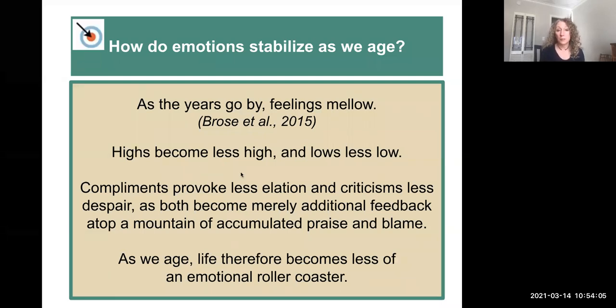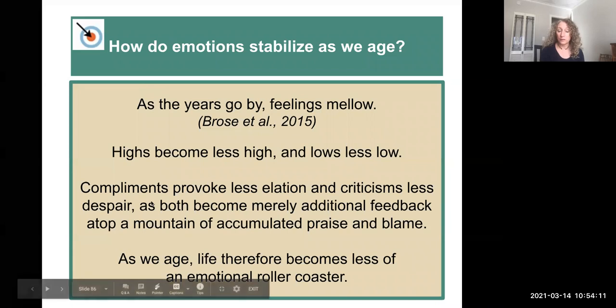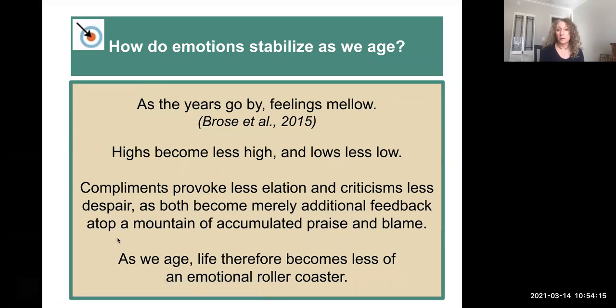So it says highs become less high and lows less low. Compliments provoke less elation and criticisms less despair, as both become merely additional feedback atop a mountain of accumulated praise and blame. As we age, life therefore becomes less of an emotional roller coaster. So for some of us, we might see that as good news.